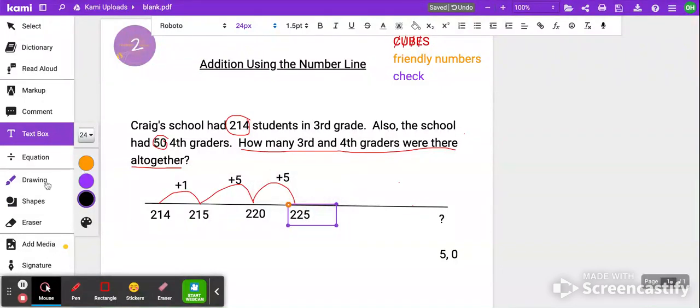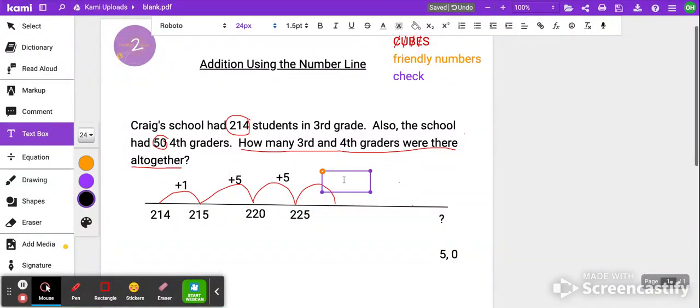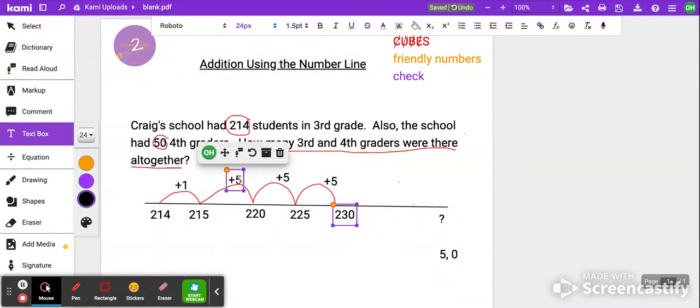Now I'm going to add 5 more. And now I'm at 230. So I've added 5, 10, and 15. So now I'm going to sort of switch gears, as they say, and I'm going to add by tens because I seem to be running out of room on my number line.